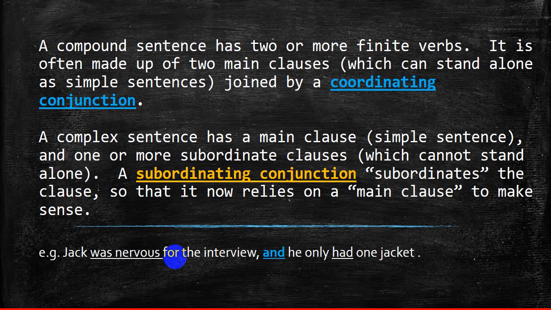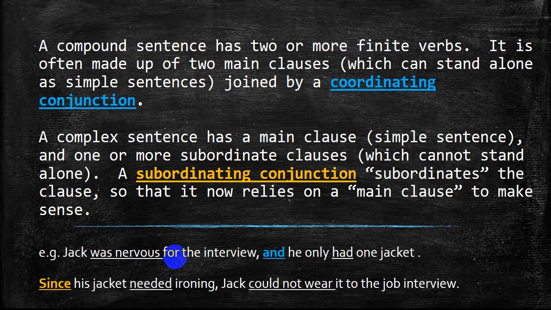Jack was nervous for the interview and he only had one jacket. These are both main clauses. They can stand alone, but we've decided to join them with comma and, the coordinating conjunction and. His jacket needed ironing, could stand alone, and Jack could not wear it to the job interview, could stand alone. Those are both clauses.